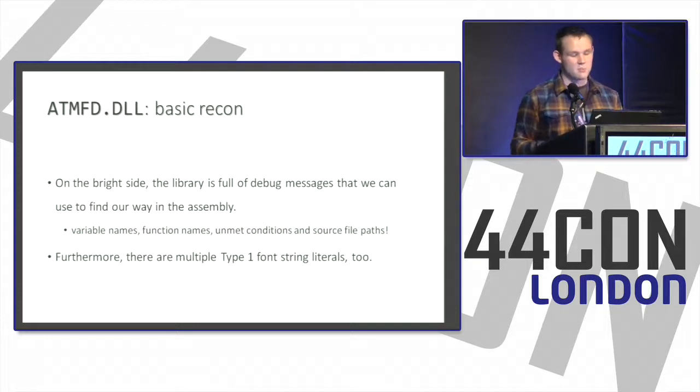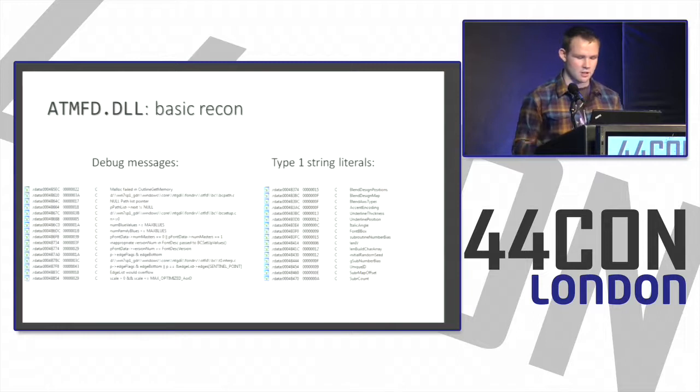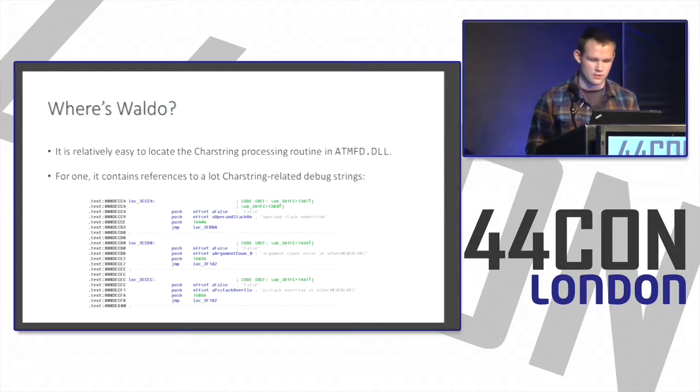And there are also many Type 1 font string literals too, which means that if there was a specific part of code handling a specific part of the Type 1 fonts, then we would be able to easily identify it in the code as well. So here you can see some examples of those both debug messages and string literals that I found very useful when doing the reverse engineering.